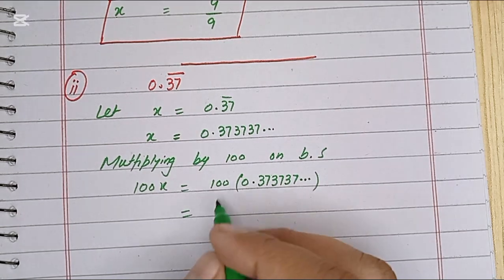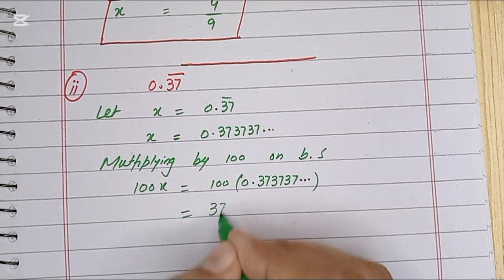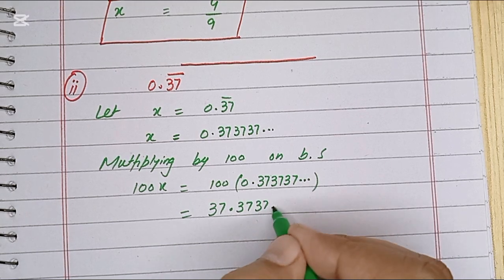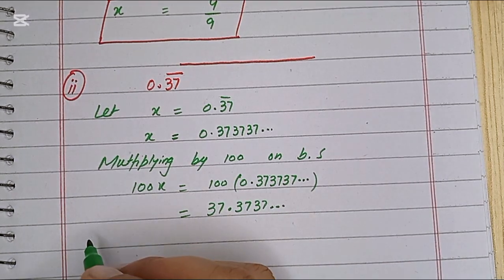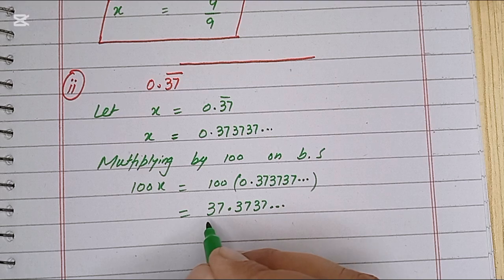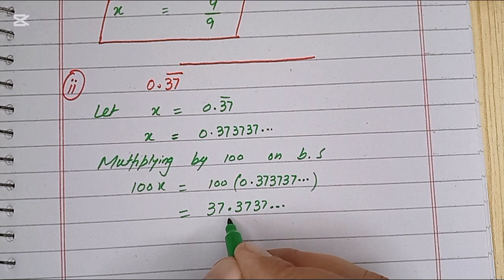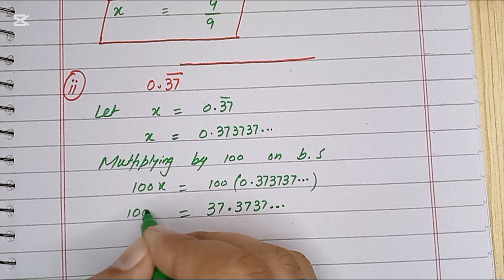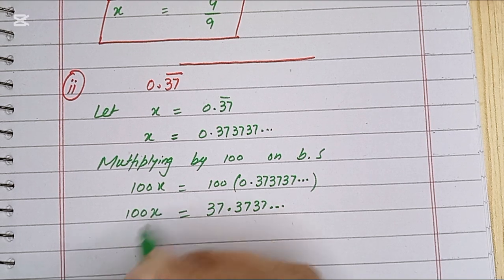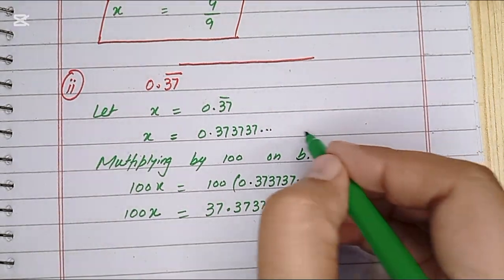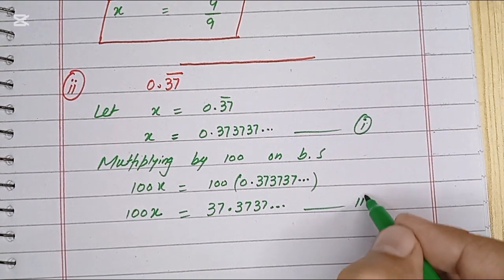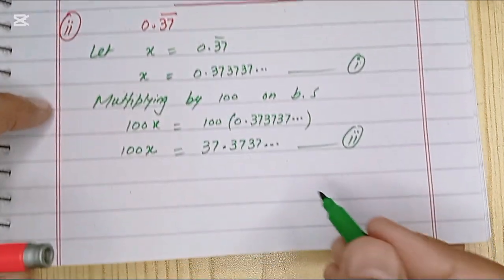The right hand side will become 37.3737 and so on. The left hand side is 100x. This is our first expression and this is our second.